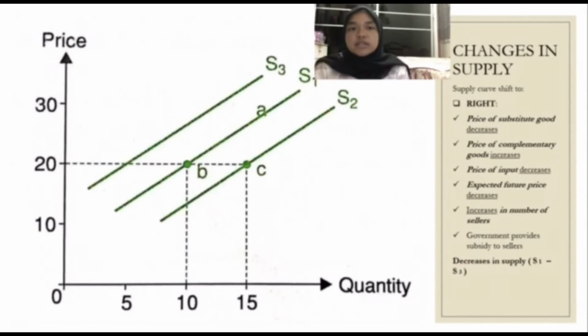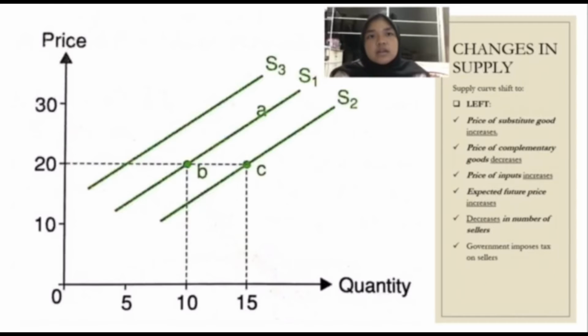There is an increase in the price of complementary goods, and there is also an increase in the number of sellers. The government will also provide subsidies to sellers.